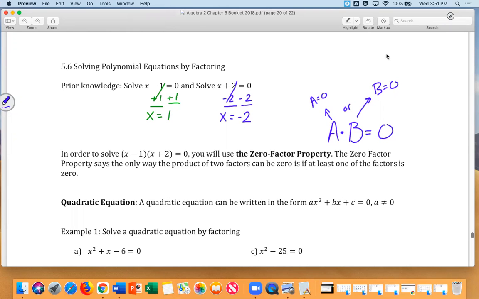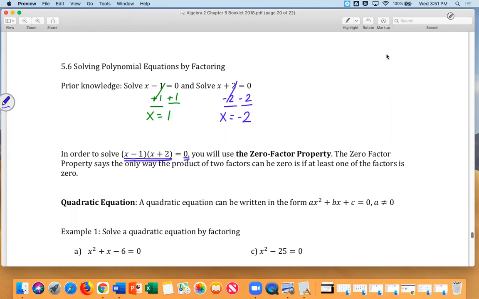Well, we know that we have these functions, okay? And it's like y equals or f of x equals, okay? And we know that the x-intercept has a y value of 0. So in order to solve them, I need to set it equal to 0, which gives us something like this. x minus 1 times the quantity of x plus 2 equals 0.